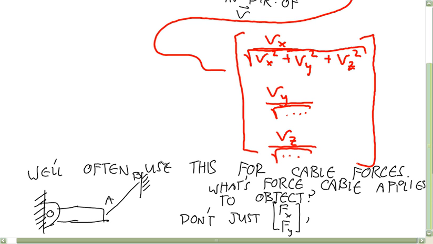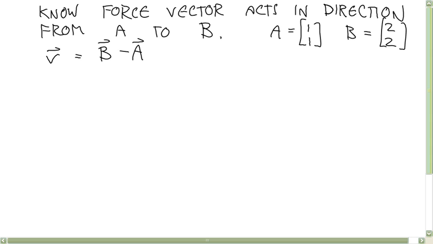Notice that makes sense with the picture, right? So this vector V is B minus A, so 2, 2 minus 1, 1 is equal to 1, 1.